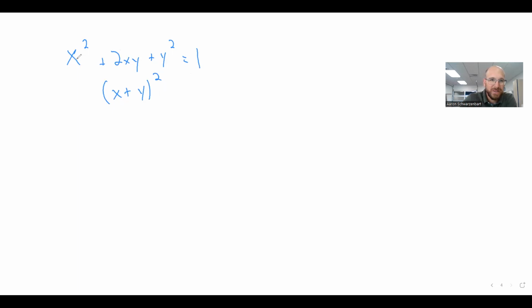So if I'm factoring it, x squared multiplies to y squared. X multiplies to x squared is x and x. Multiplies to y squared is x and y. Adds to 2xy is xy plus xy.